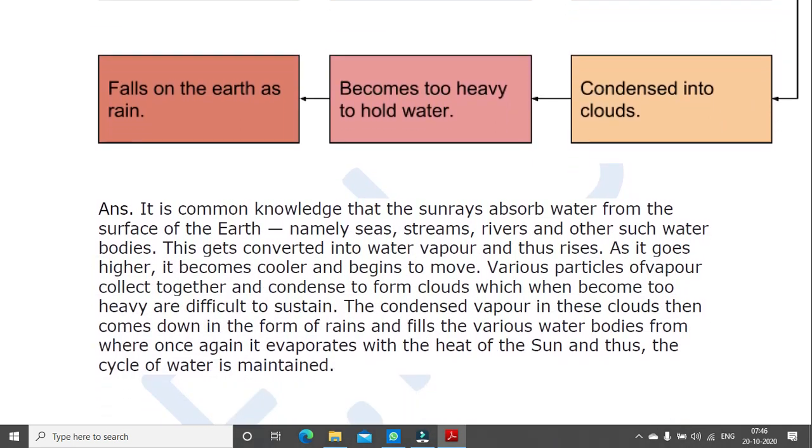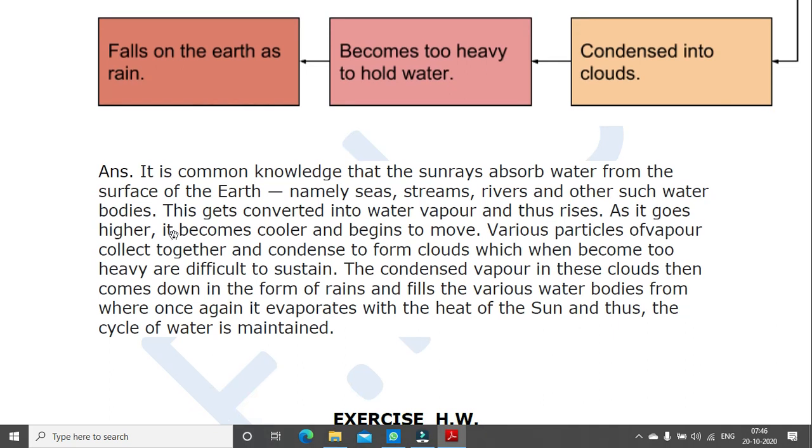Answer. It is common knowledge that the sun rays absorb water from the surface of the earth. So here I just said you have to add something of your own, at least in the beginning and the end. Namely seas, streams, rivers and other such water bodies. This gets converted into water vapor and thus rises. As it goes higher, it becomes cooler and begins to move.